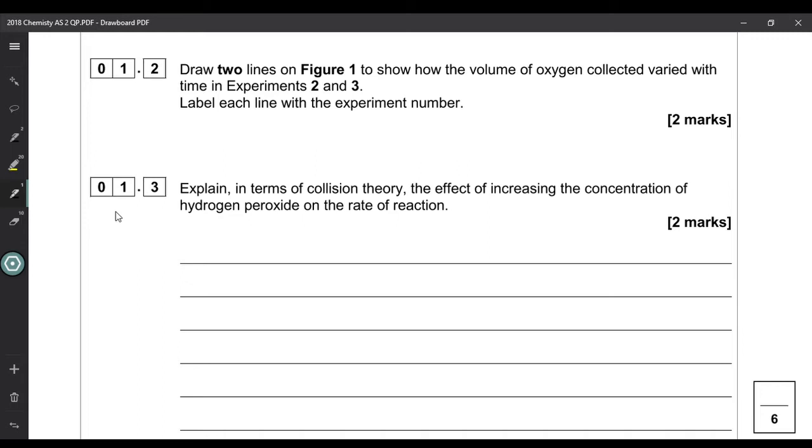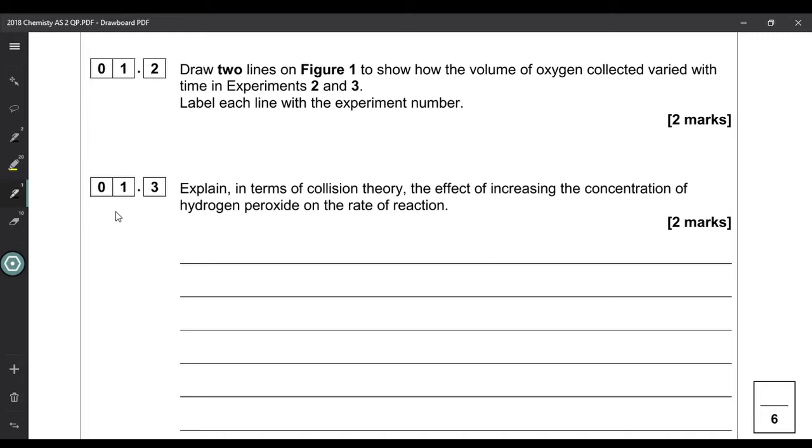Now you've got to put in the term frequent, because a lot of students just put there's more collisions, but we're talking about reaction rates, so we've got to talk about rates of collision. It's no good just to say there's more collisions.